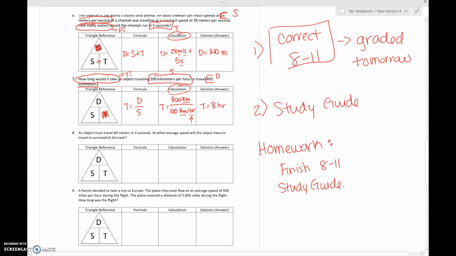You don't have to complete the study guide today because you're going to have a little bit of class time to work on it, and you'll be able to work on it for homework tomorrow as well. On Thursday, you guys are going to go over the answers to the study guide and ask any questions. Please remember that you have a quiz on this on Friday.